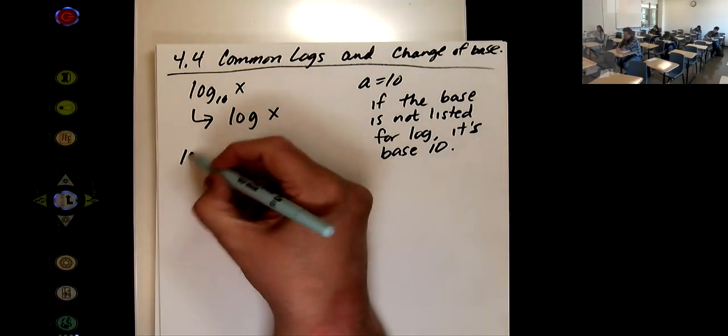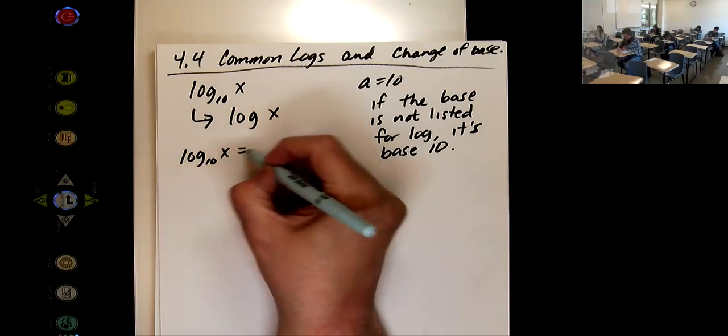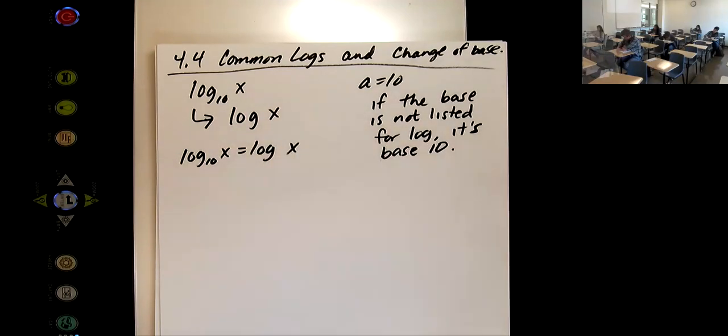So those two mean the same thing. It's kind of like when we have x to the first power, we don't say the first power. Base 10 is the default setting for logarithms.